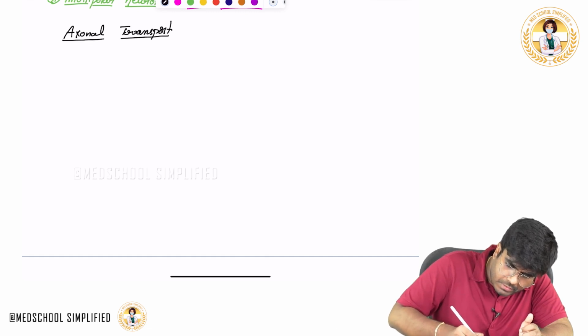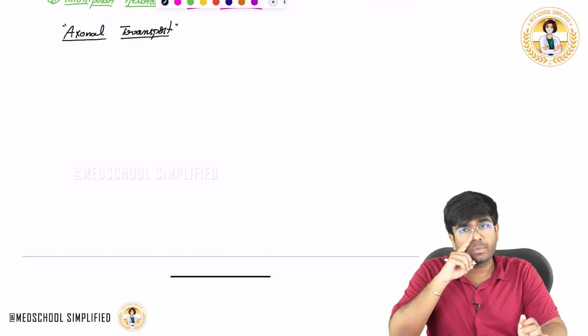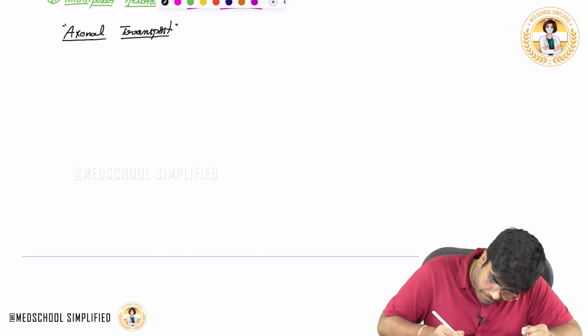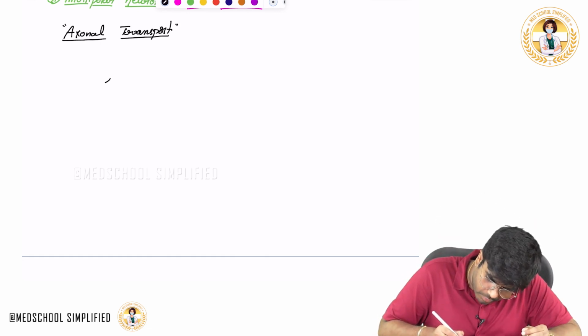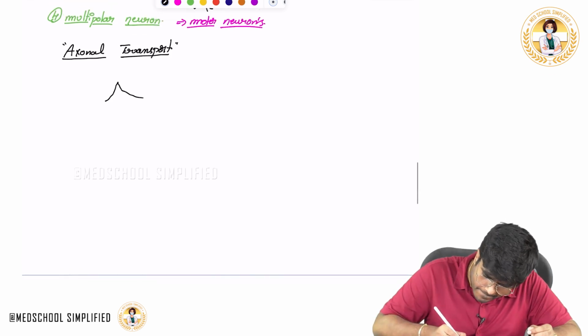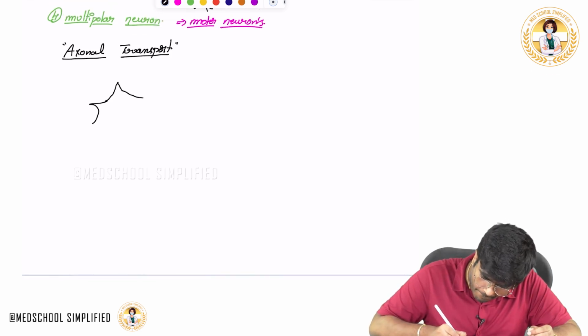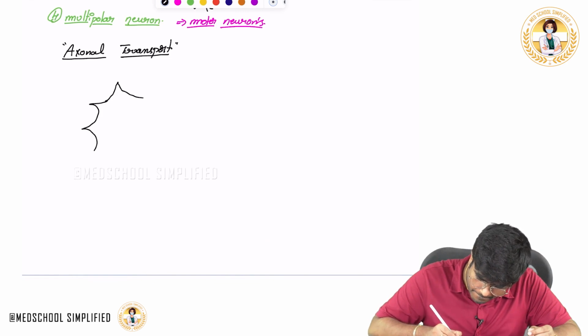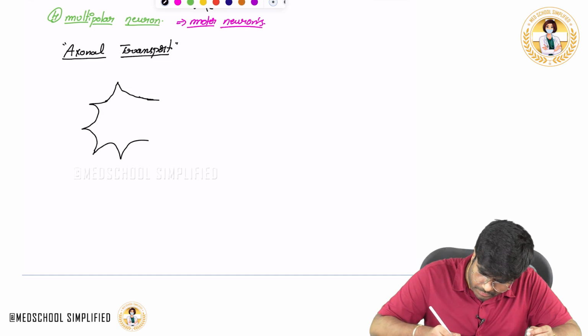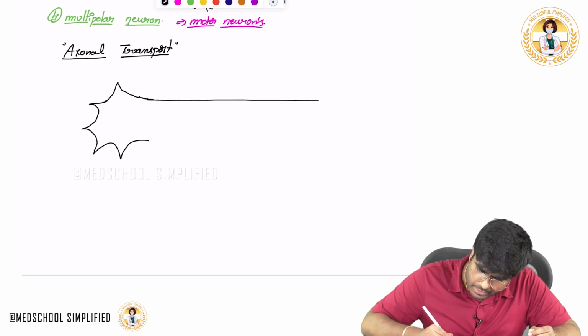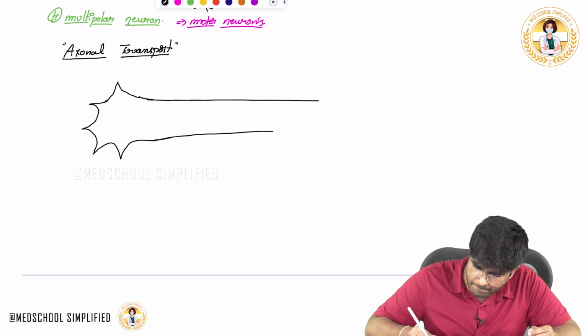So what is the concept of this axonal transport? Now let me draw a cell body here. One more neuron. For example, here is the cell body and this is the axon.